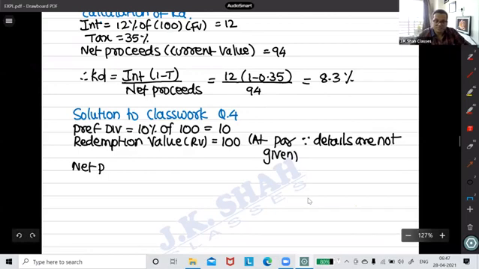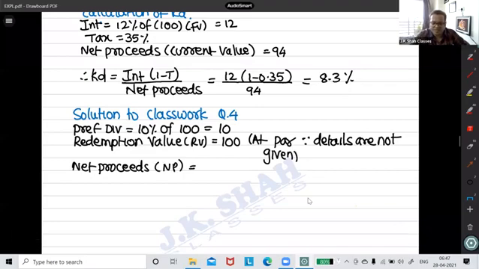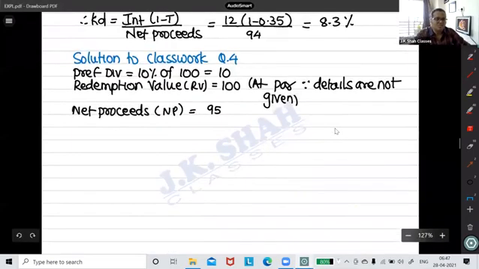Then net proceeds, NP. What are the net proceeds? The preference shares of 100 each are issued at what price? 95. That we have to take from the question only. N, number of years. How many years? 10 years. So you have all necessary data to calculate the KP.